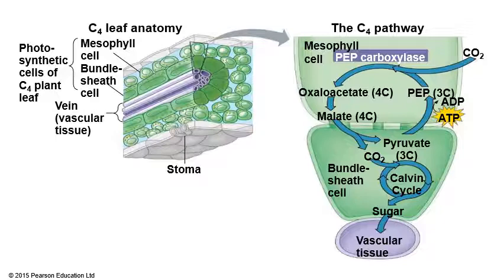This CO2, with the Rubisco enzyme, goes through the regular Calvin cycle to produce sugar. That's the summary of the C4 pathway for photosynthesis.